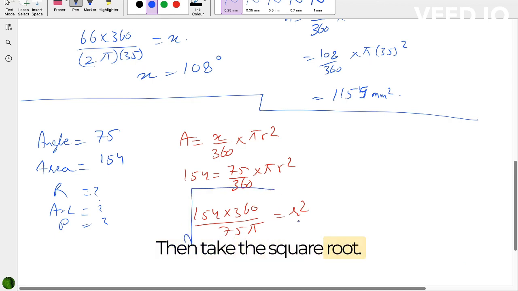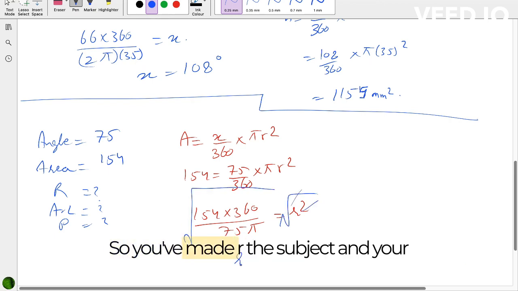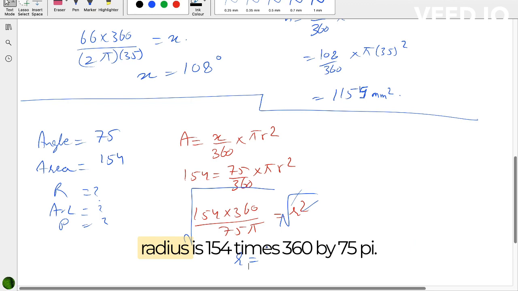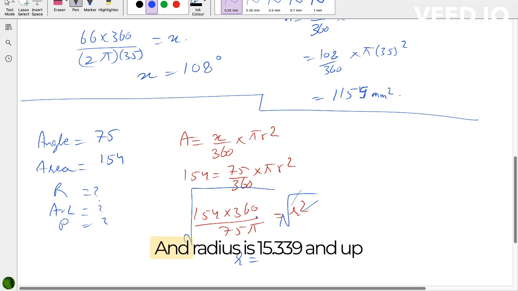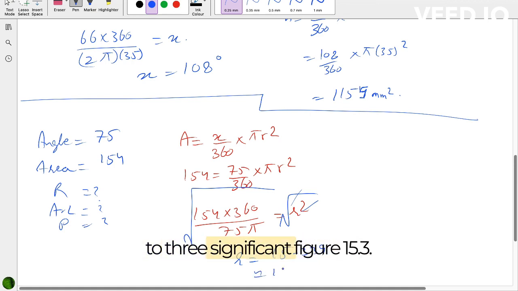Then take the square root. So you've made r the subject and your radius is 154 times 360 by 75 pi under a square root, which is 15.339, and up to 3 significant figures 15.3 centimeters.